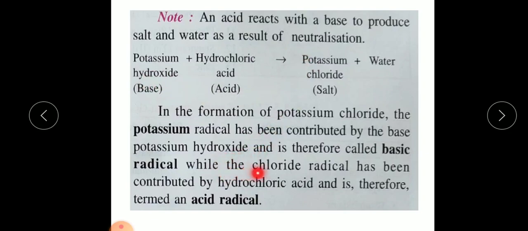While the chloride radical has been contributed by hydrochloric acid and is therefore termed an acid radical. So the part which has come from the base we call basic radical, and the part which has come from acid we call acid radical.